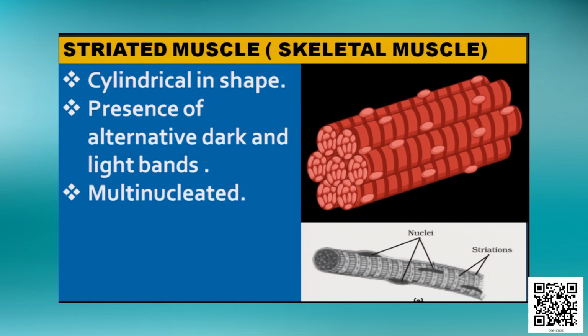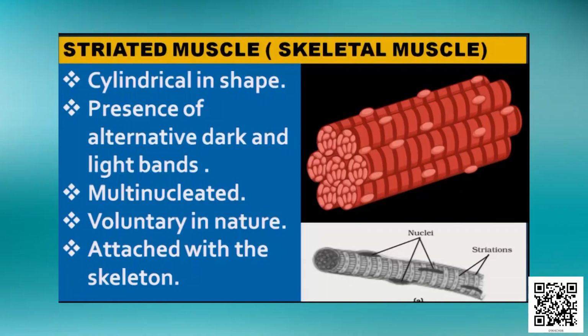Okay. Multinucleated means there are so many nucleus. You can see in the picture, there are so many nucleus in one cell. So, it is called as multinucleated cell. Voluntary in nature means as they are attached with our bone, as per our wish we can move it.